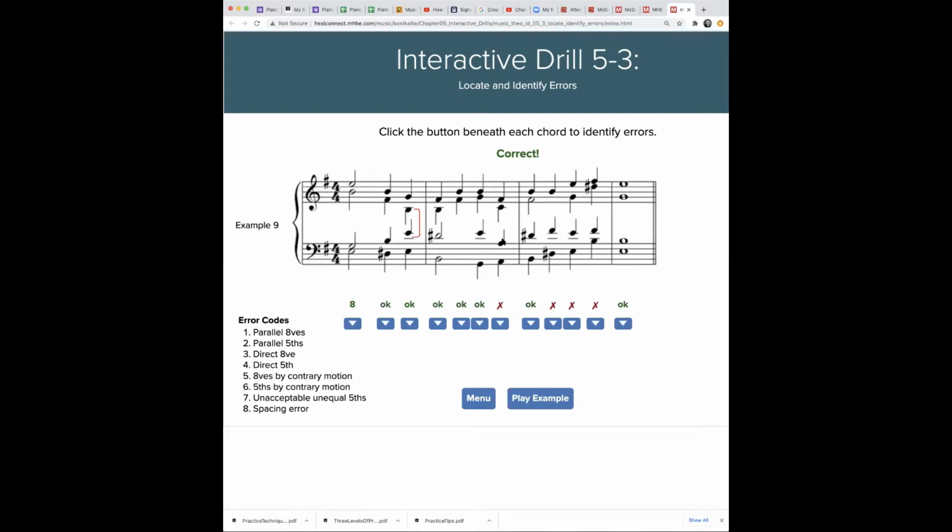Okay, what about this one? Is this an error? Would it be direct fifth? I thought it'd be octaves though. Octaves by contrary motion. Yeah, 5.